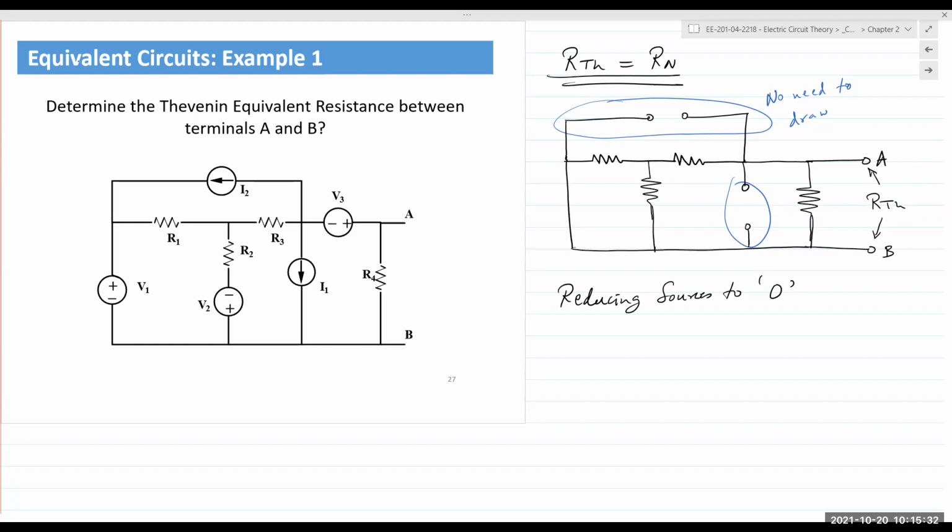To find REQ, we start at the farthest end from our analysis terminals. And in this case, it would simply be R1 in parallel with R2, which would be in series with R3, and then in parallel with R4.